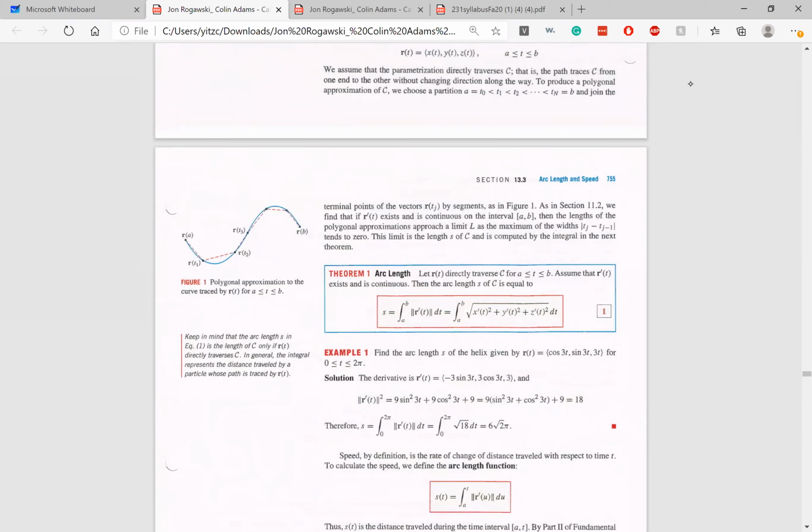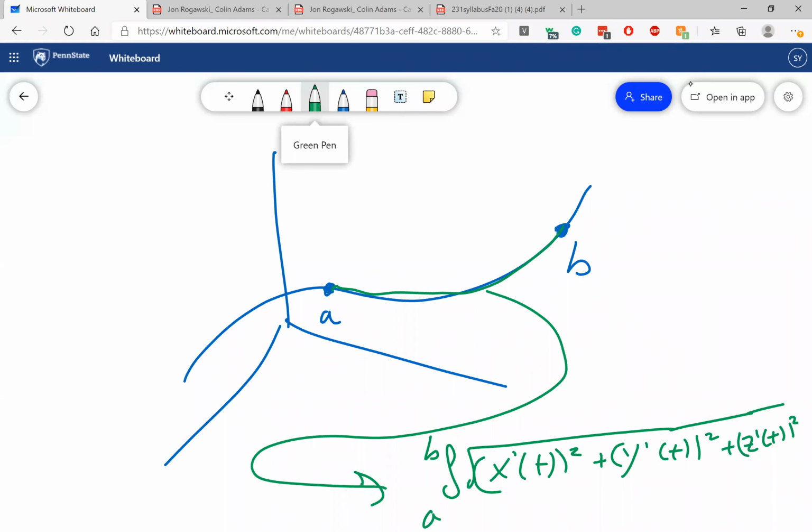Well, first we can look at this as S. We can say that the arc length over here is going to be S, and smaller arc lengths. So if you go infinitely small into here, if the arc length over here is S, then a small piece over here of the arc length would be ds.